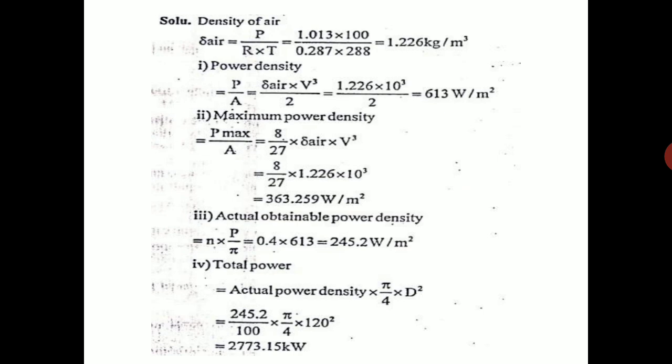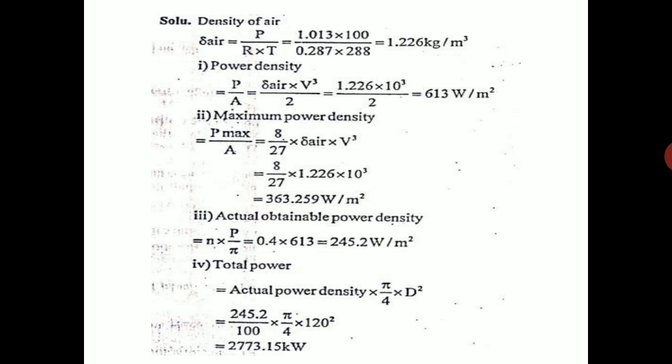So actual power density is 245 into pi by 4 into 120 square. So you get 2773 kilowatt, that is nothing but 2.7 megawatt.